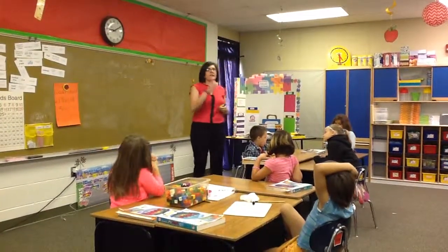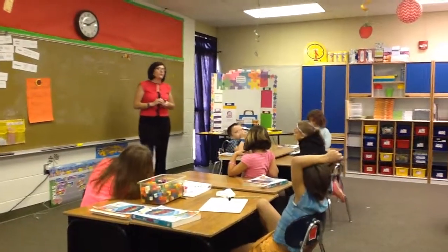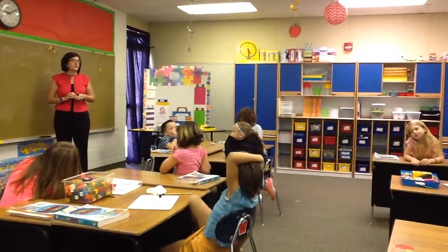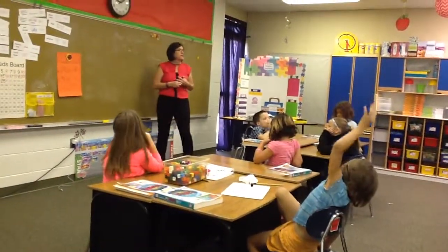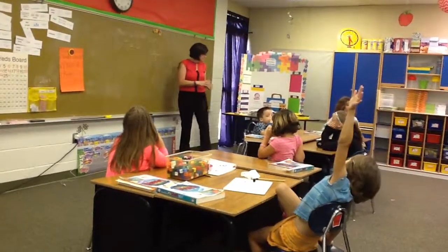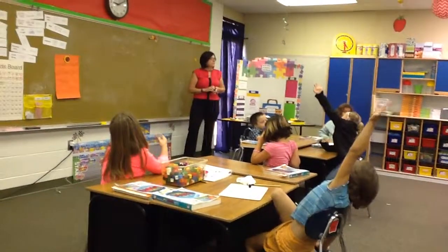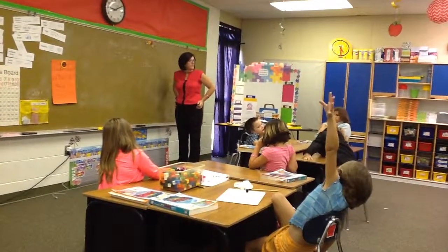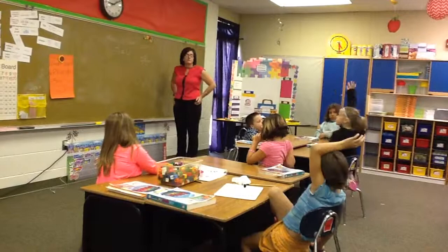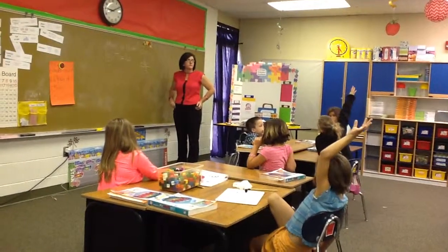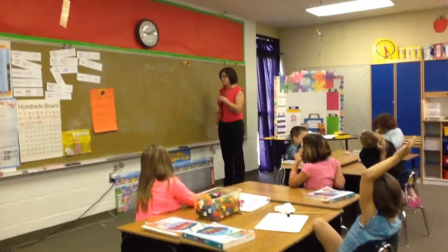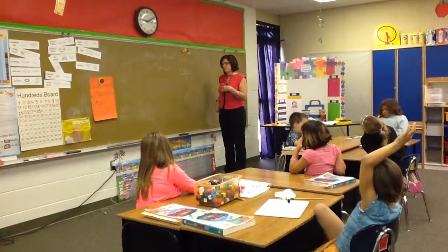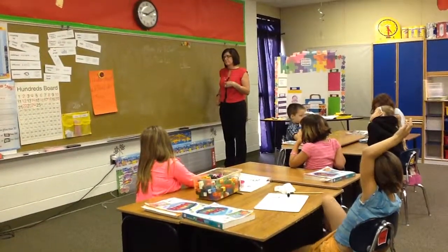Let's see, what did it ask? Does Andy have more or fewer bugs than his friend now? Chase? Fewer. How do we know that? Because we subtracted and added 7 plus 6 equals 13, and then we did 13 minus 7 equals 6.